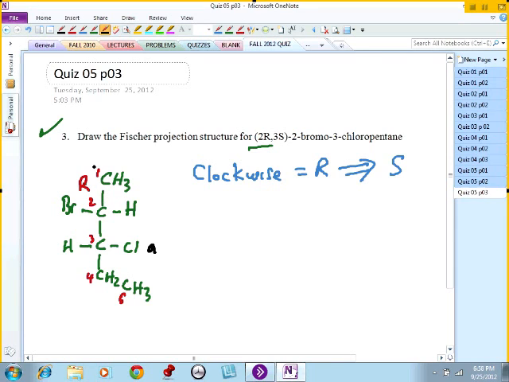So therefore, this must take priority. So this group here, therefore, will be priority B, right? And then priority C and D.